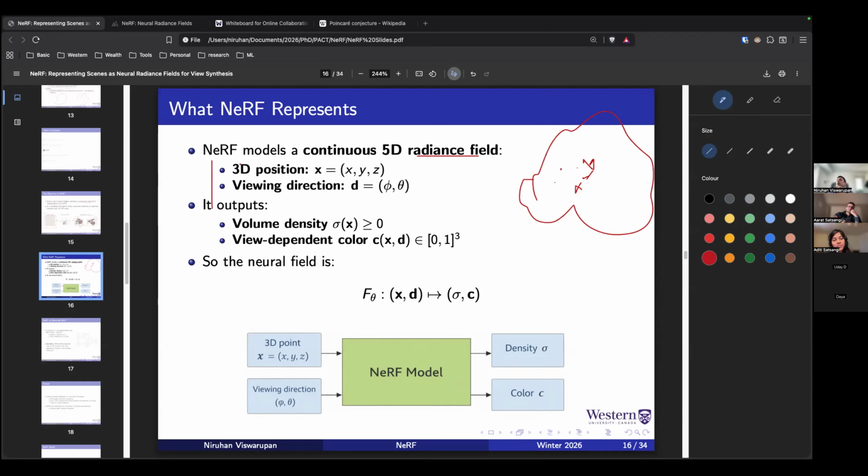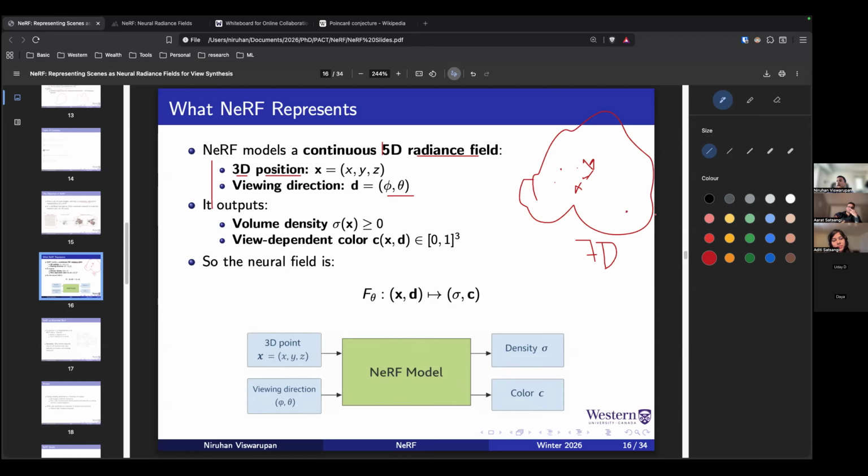I think it's a 7D field in the literature, but in NeRF they have chosen a 5D radiance field, where 3 dimensions are used for position, the location of the point in space, and two angles are used to represent viewing direction.